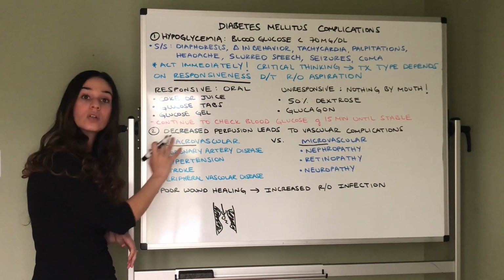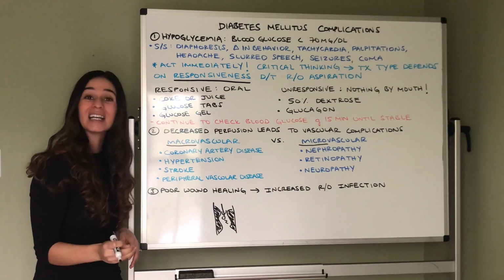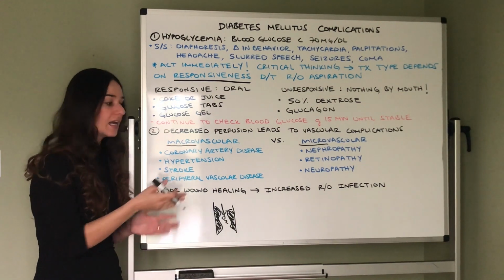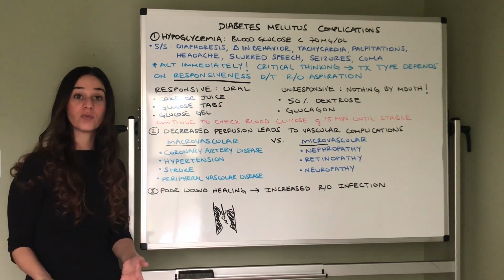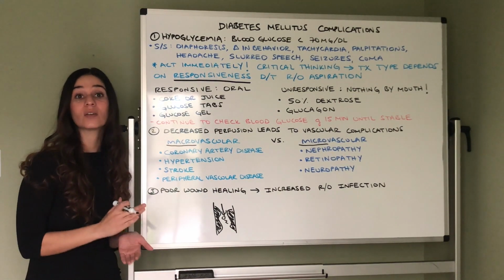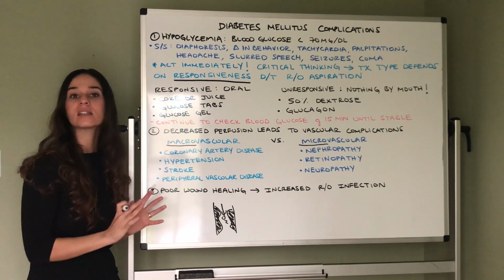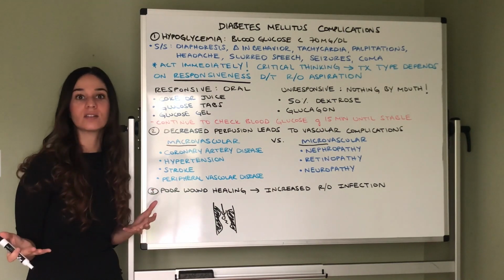So you need to look for these complications. If they're complaining or if you assess any signs of decreased perfusion dependent on where the perfusion problem is, you need to intervene quickly. And again, diabetes could be placed in multiple sites in your curriculum.